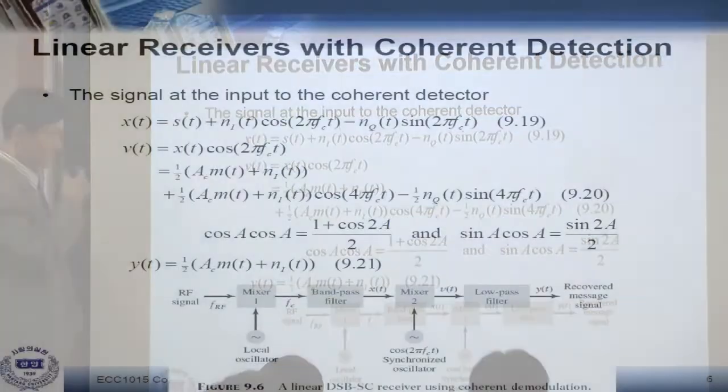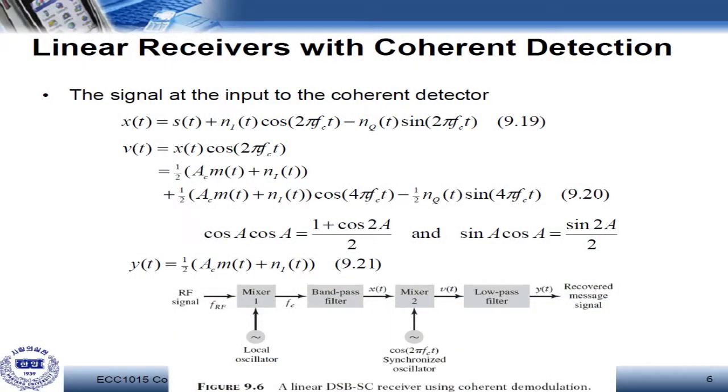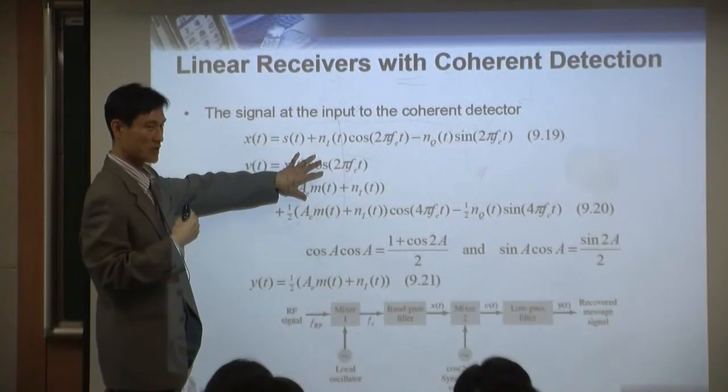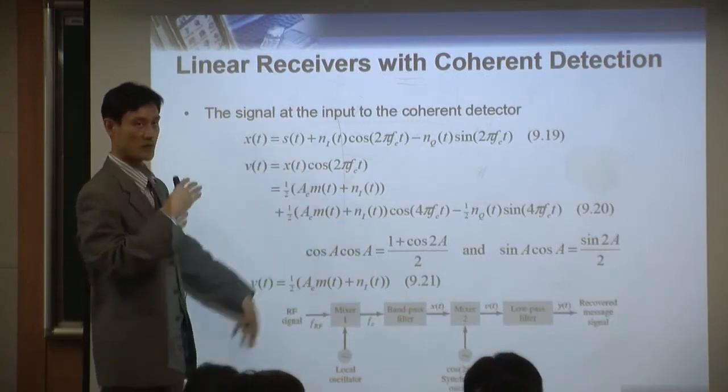Now, secondly, we need to calculate the post-detection SNR. This is the SNR we measure after the demodulation. So this is what happens at the baseband.